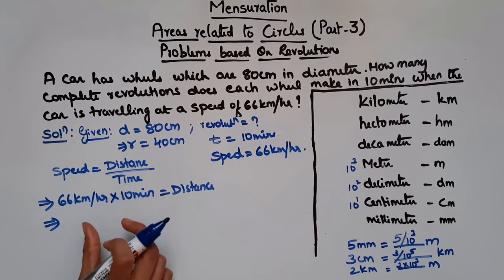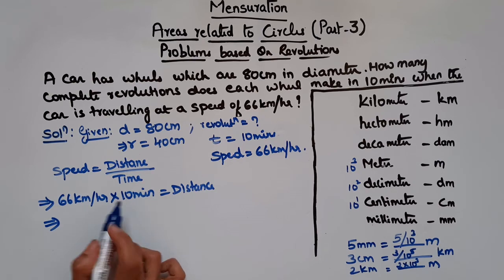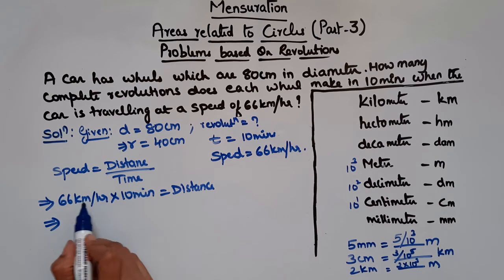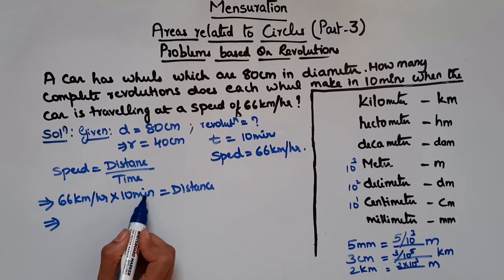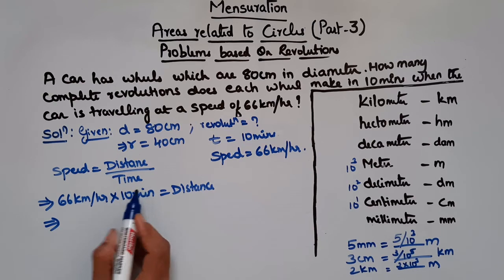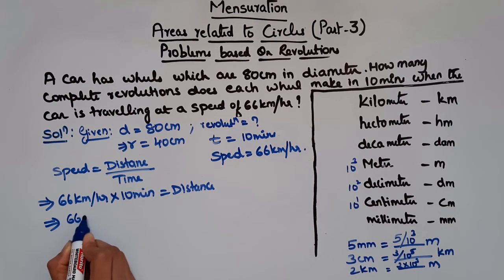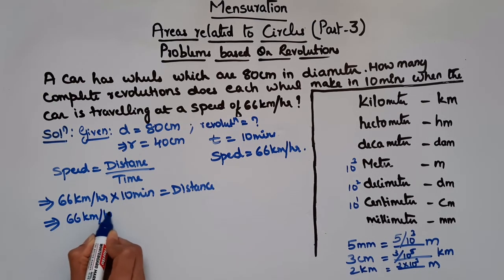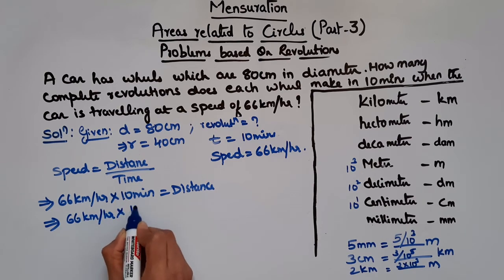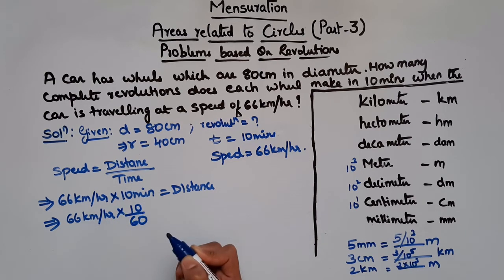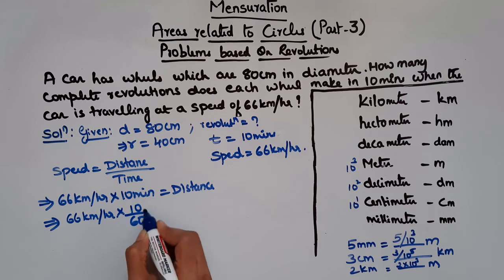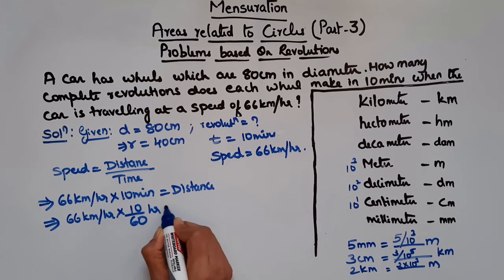We have to keep this unit the same. Either you convert this to minutes or you can convert this to hours. So let me convert this to hour. So this implies 66 km per hour into 10 by 60. Now this is in hour, which is equal to distance.